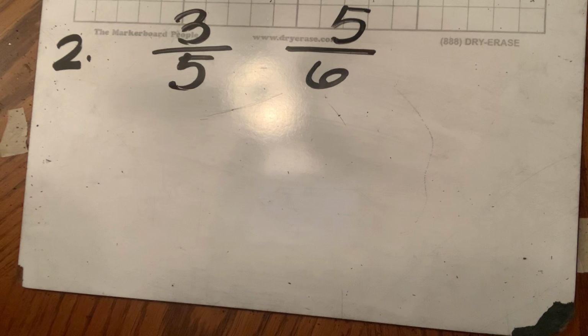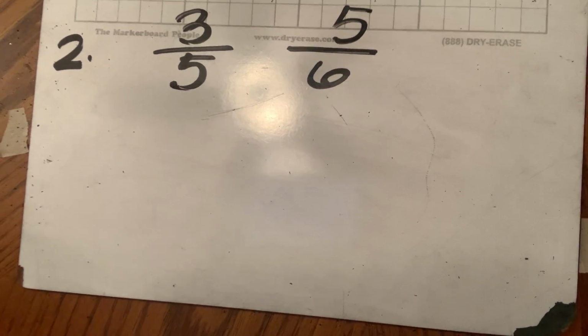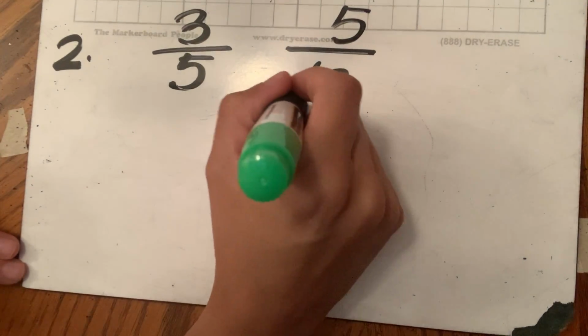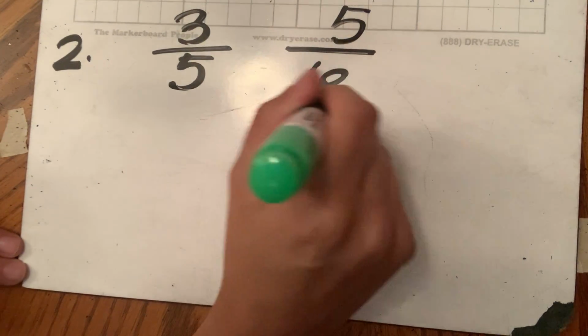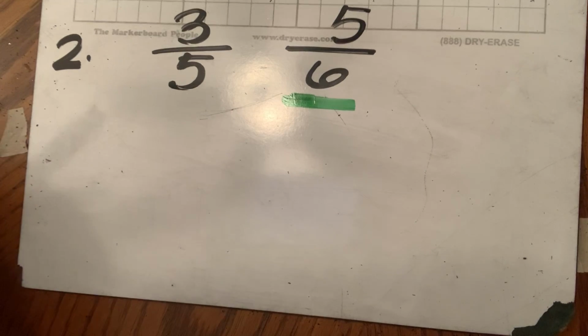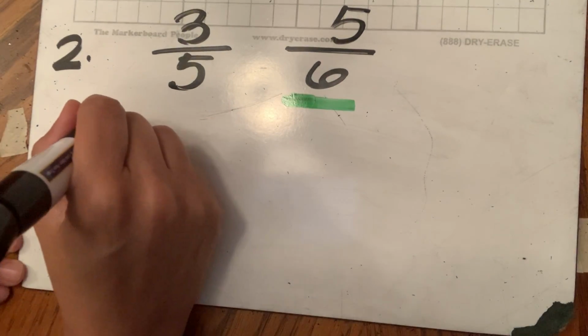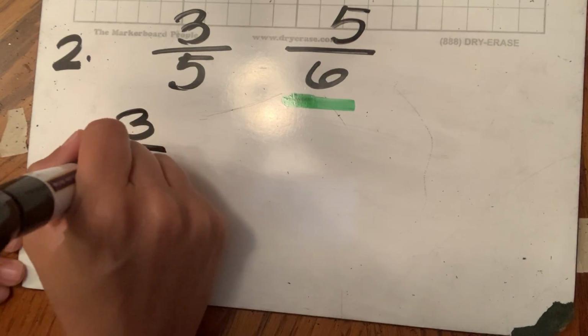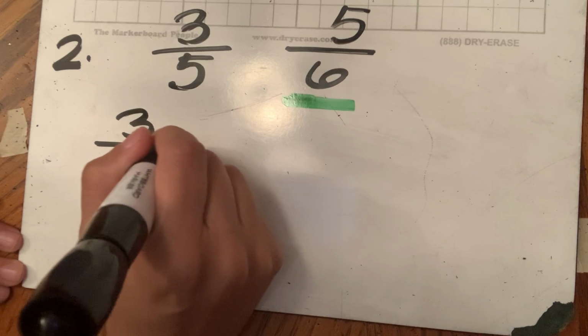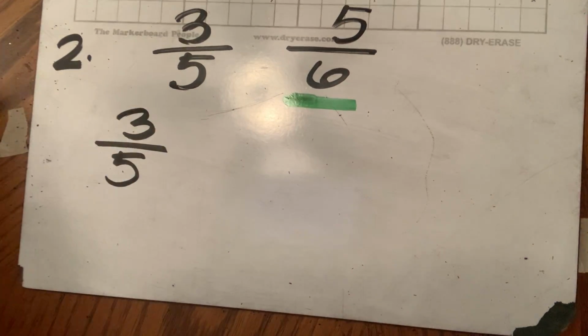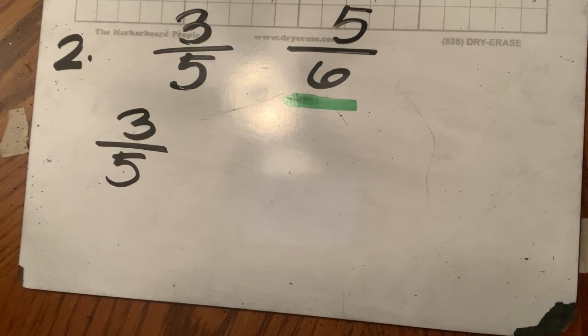that when we're multiplying, we can look at the denominator of the other fraction, right? So here I'll look at the 6. So I know that I can take my 3/5 and multiply by 6. And remember, if I do it to the top, I have to do it to the bottom, right? Agree or disagree?